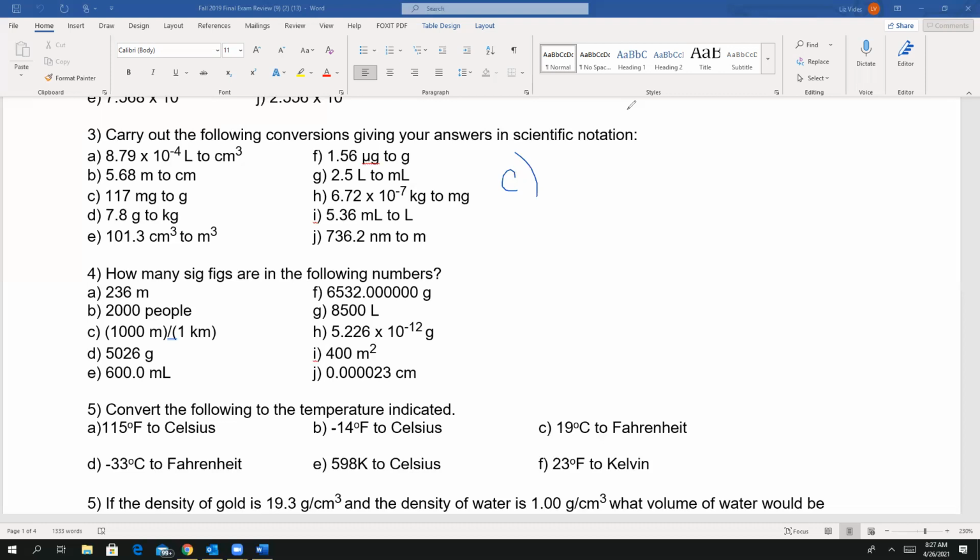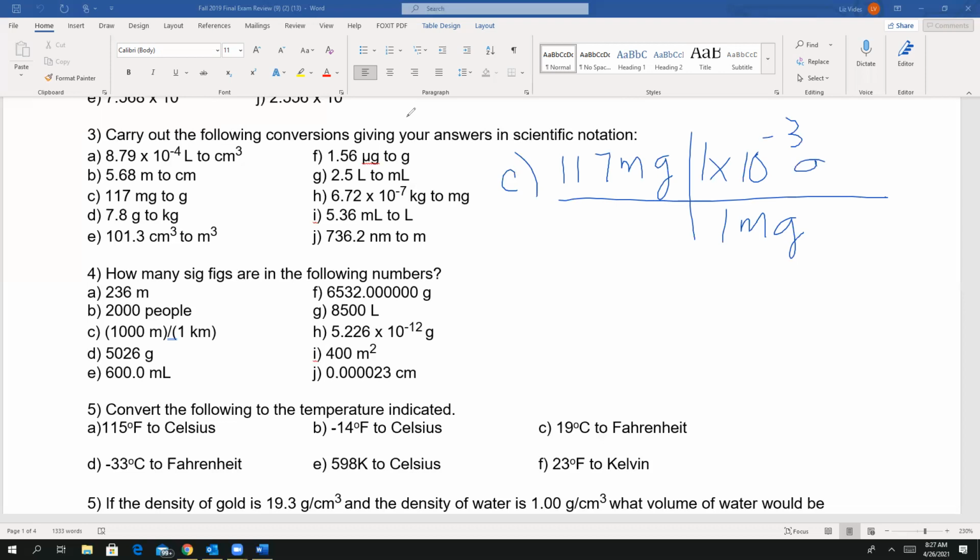This one says 117 milligrams to grams. 1 milligram down here. And you're going up. So it's 1 times 10 to the -3. Wait, oops. That does not look very nice. Let's do it again. -3. And that's grams, right? Which is what they want us to go.